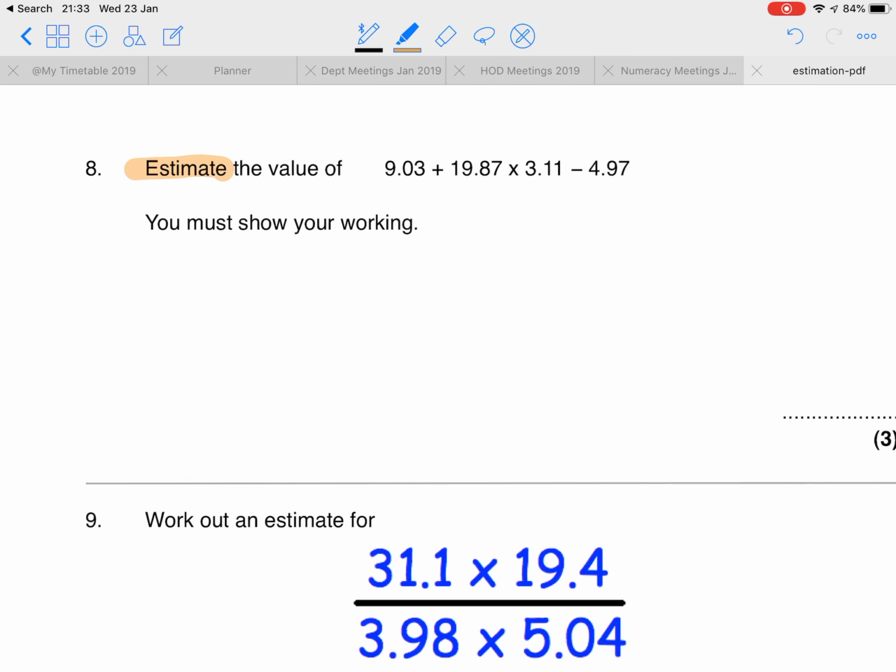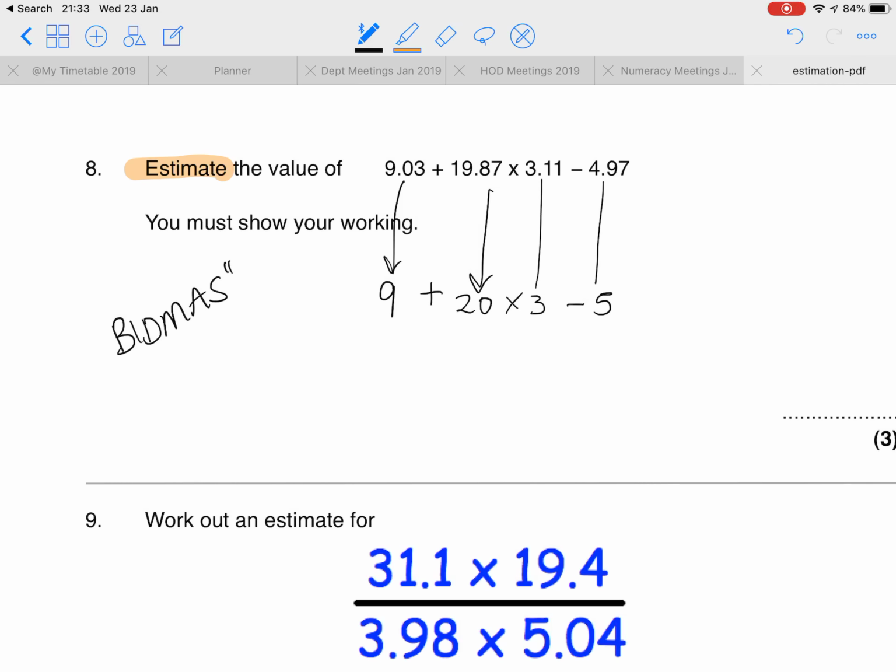Estimate. So this to the 1SF would be 9 plus 1SF, 20, multiply 3, subtract 5. This is an estimation question, but BIDMAS applies to every question.